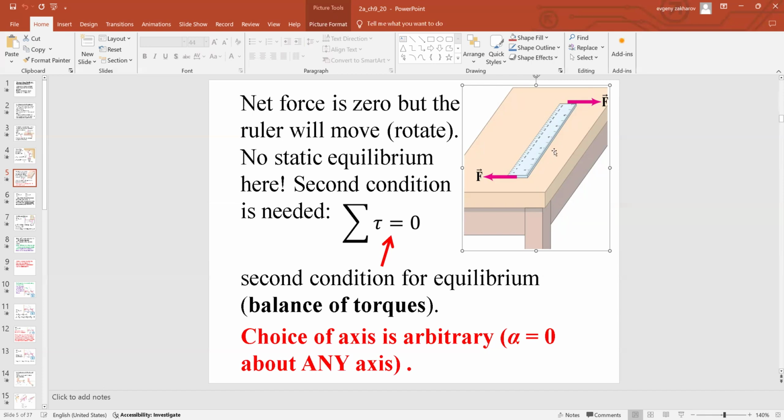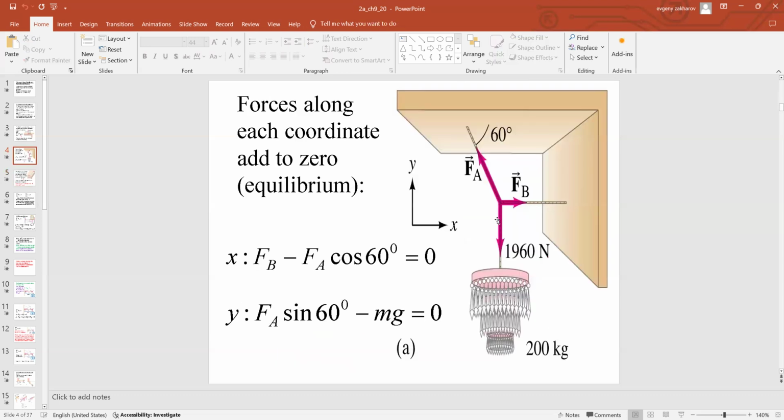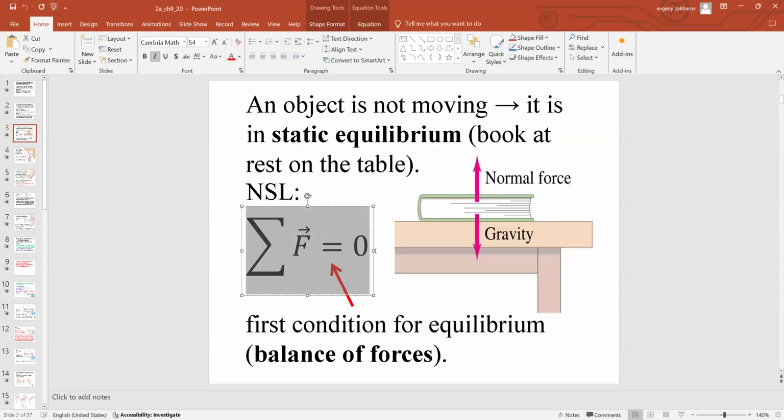But if you put a ruler on the table and start pushing it in this way, you will see that the ruler will rotate. So will that be equilibrium? Well, turns out no, because there will be some angular acceleration. It will be rotating, so you'll get some torques involved in this setup. So it turns out that just the balance of forces is not enough.